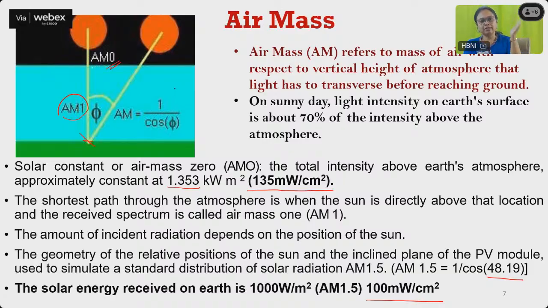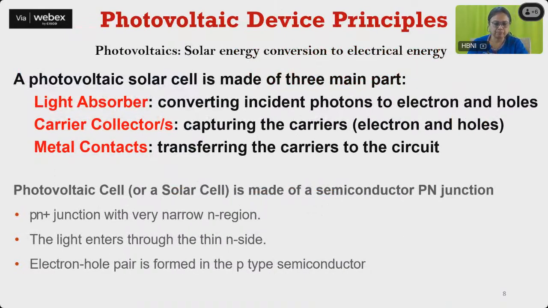Generally you have seen that solar modules are not exactly horizontal, they are kept at an angle so that maximum time they have an air mass of 1.5. This angle is around 50 degrees. So we get around 100 milliwatt per centimeter square at a given time on earth.